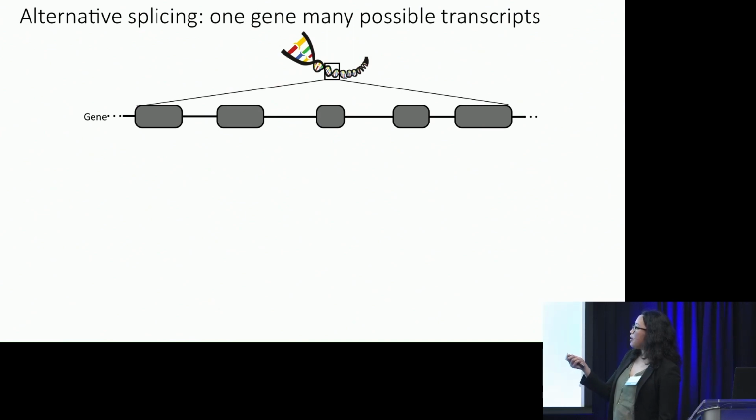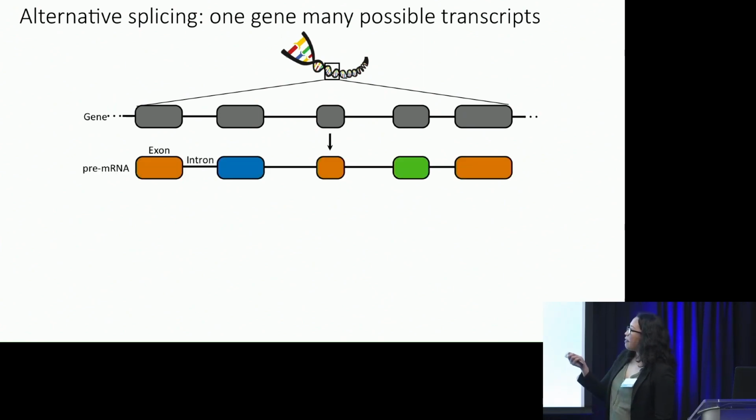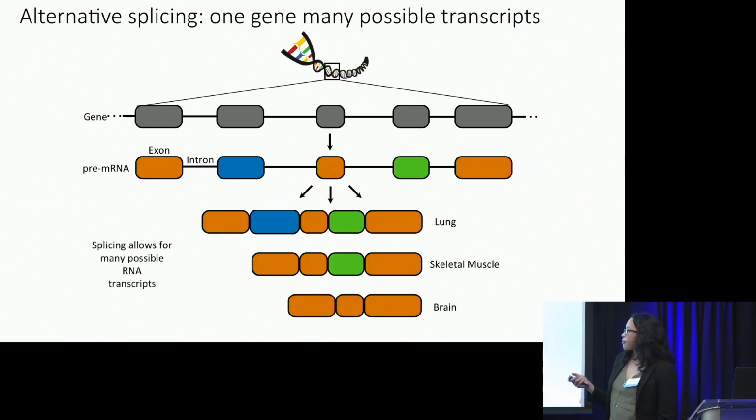Here I'm diagramming a gene, the DNA portion, a segment of the genome. That gene at the DNA level is initially transcribed into a pre-messenger RNA. The boxes here, I'm cartooning those segments as what are called exons, and the lines in between are called introns. Alternative splicing allows one single gene message to be alternatively processed into many different products.